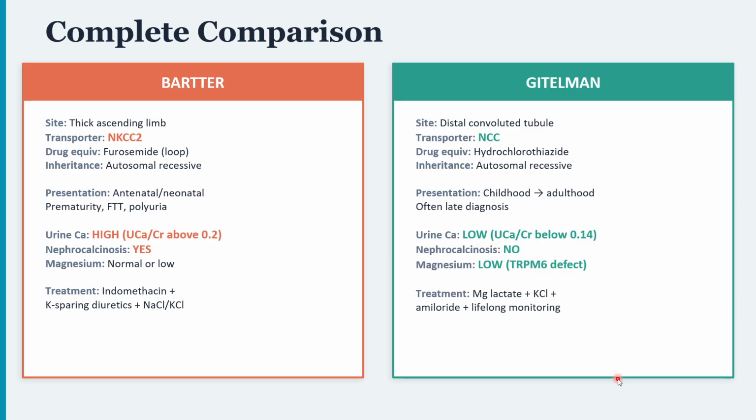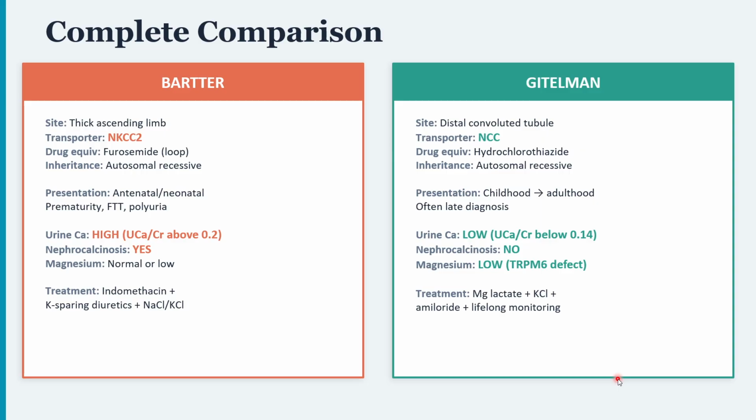And on the right, Gitelman, distal convoluted tubule involvement, NCC channel is blocked, thiazide equivalent. Presents late, often not until adulthood. The defining feature is hypocalciuria, no stones, no nephrocalcinosis, and hypomagnesemia from TRPM6 downregulation.